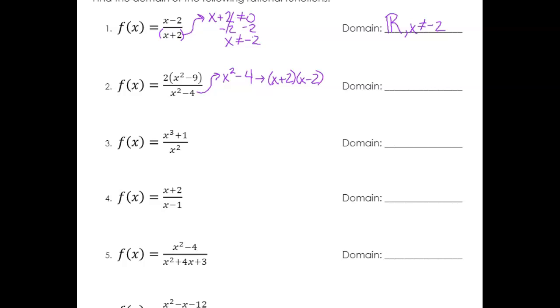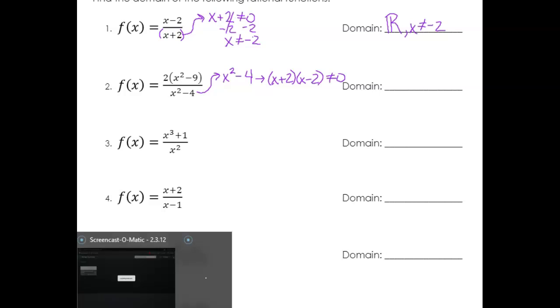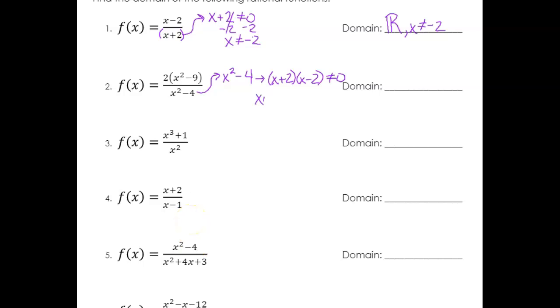And I don't want this to equal 0, so I'm going to take each individual factor and set it not equal to 0. x plus 2 cannot be equal to 0, so x cannot be negative 2.